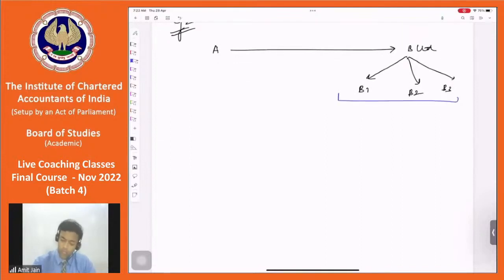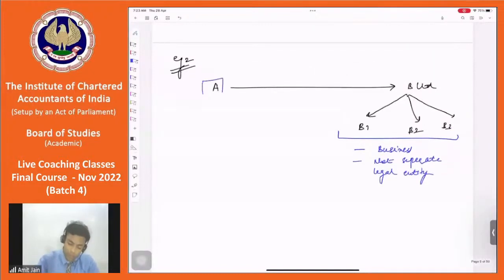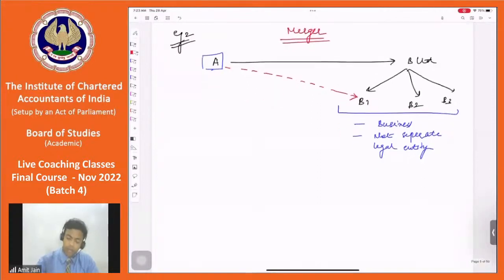Now all these are businesses, not separate legal entities. Now I am talking about a case of merger. A is purchasing B1 and merging it in A Limited. It's a case of merger, right?